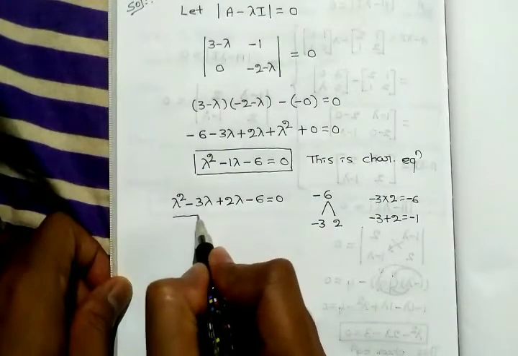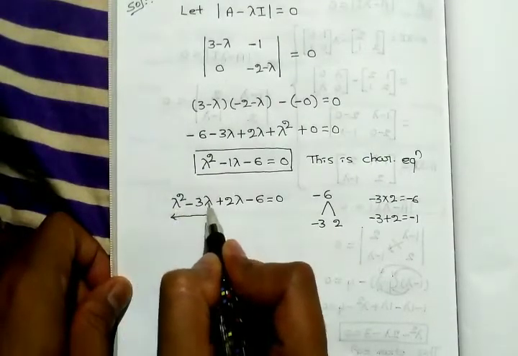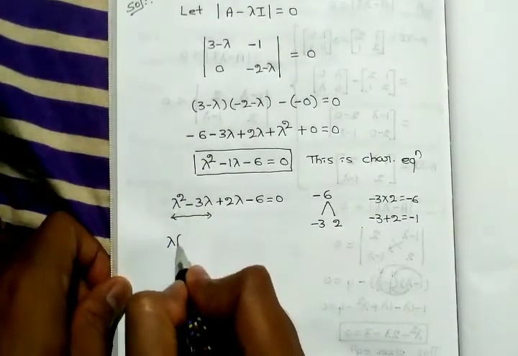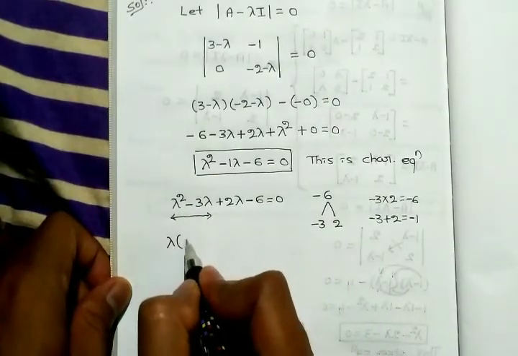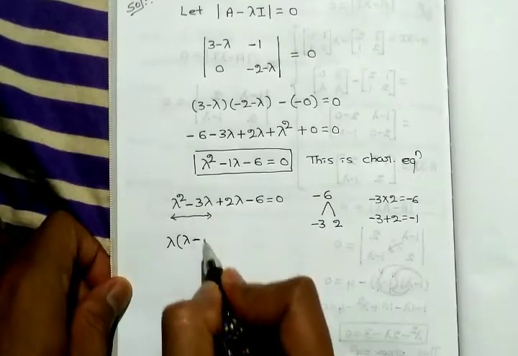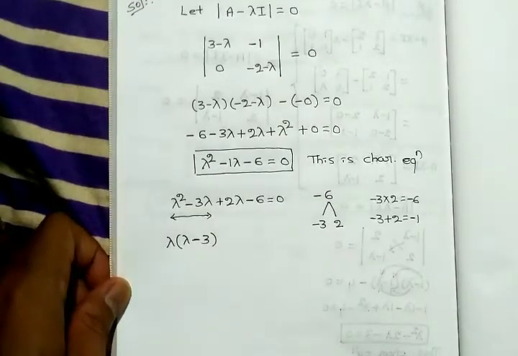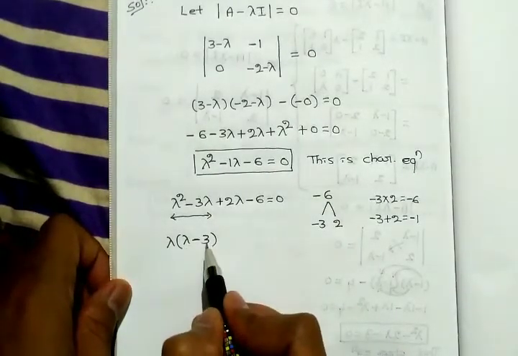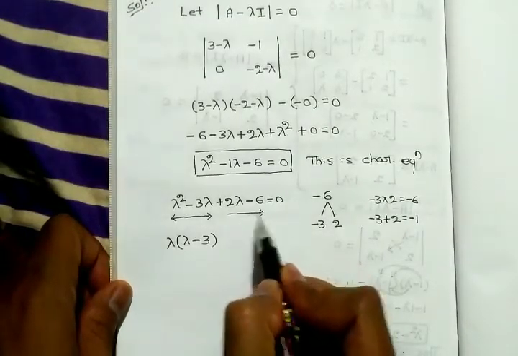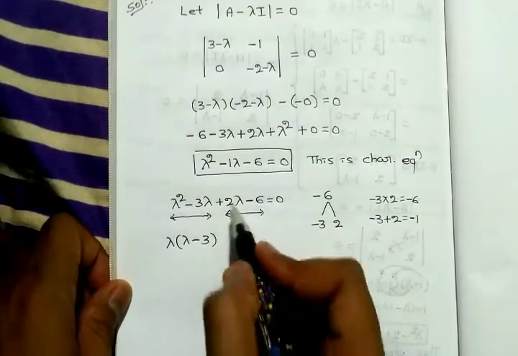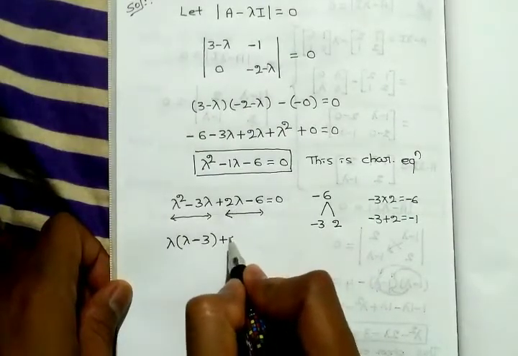Next, between the first two terms, which term is common? Lambda is common, take it outside. If I take lambda outside, the remaining values are lambda and minus 3. Next, we need to get the same lambda minus 3 here also. In these two terms we take plus 2 outside.